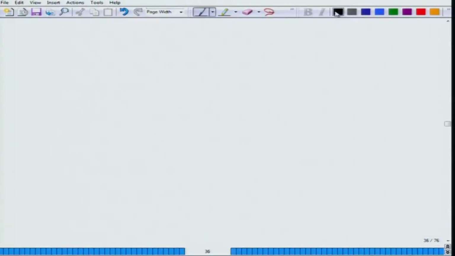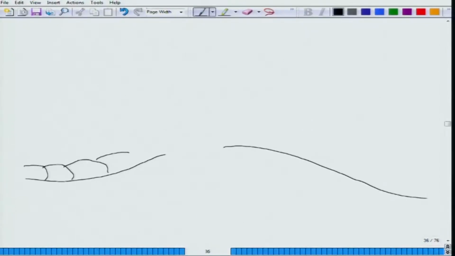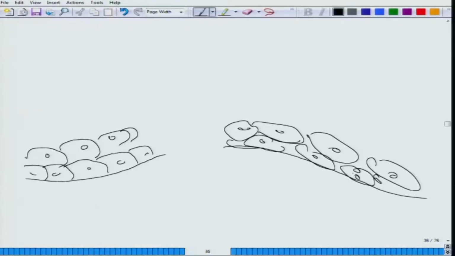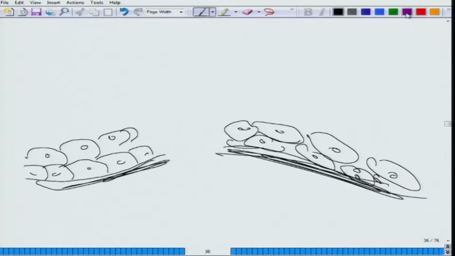If I had to draw it, I will now put all the cells in place. These are the endothelial cells or the basement membrane, and these are the nuclei. You see, these are the cells all over the place, and this is the blood vessel. Now I am putting all the cellular structures in place. This is the basement membrane, and this is the zone, the cut edge of the blood vessel.